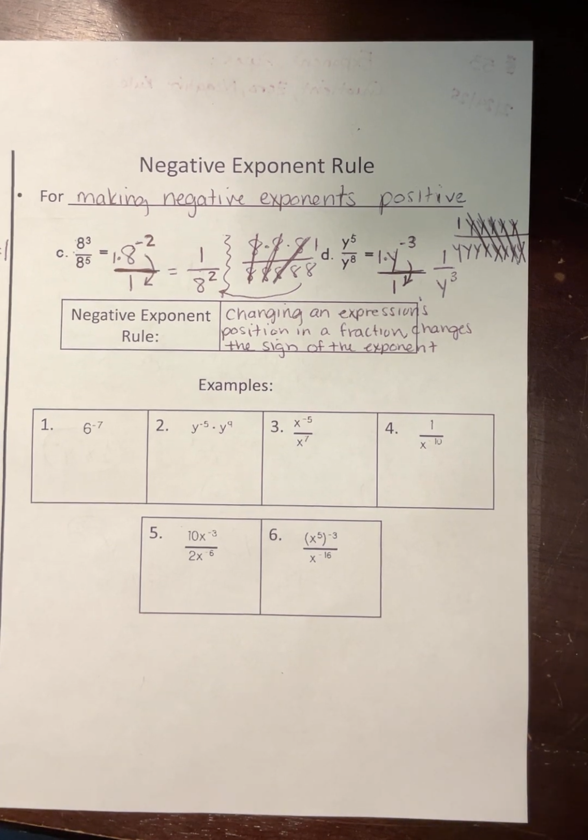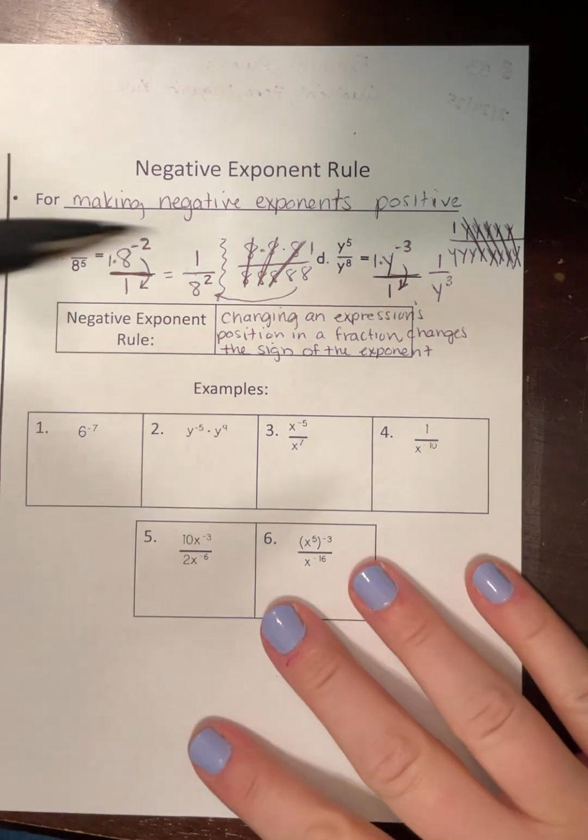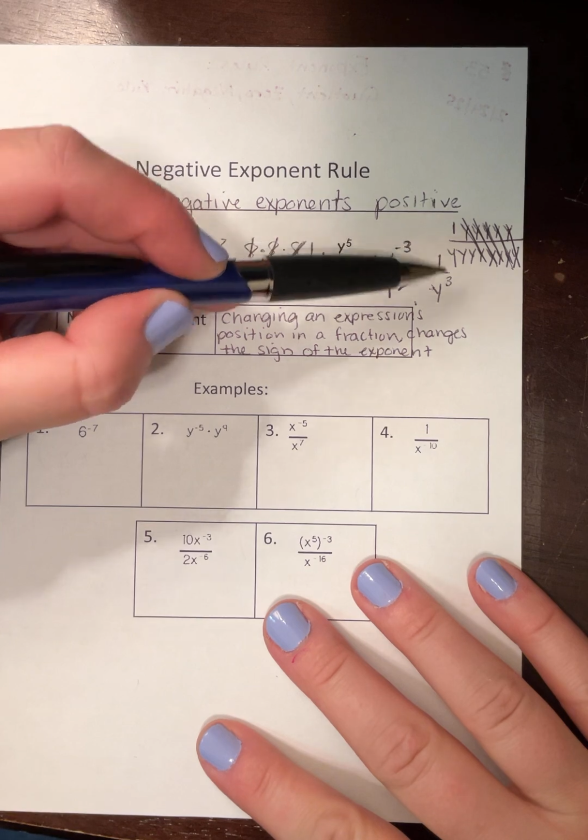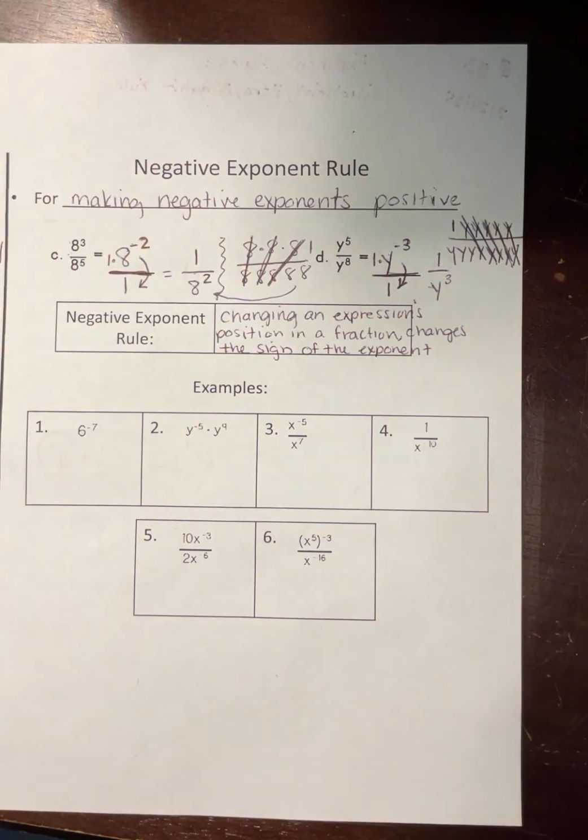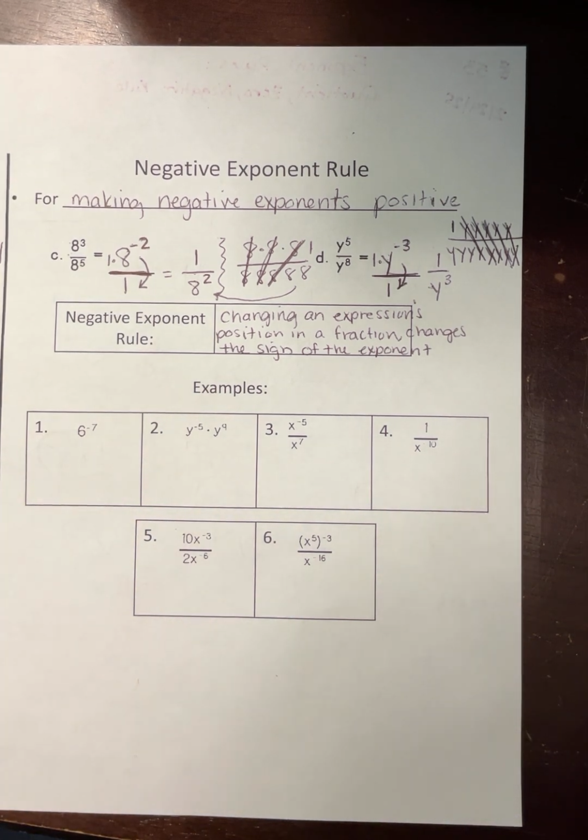Probably should have wrote on the exponent. Okay? Because it works too. Like if I would move this up, it would also change the positive to a negative. So it works on, you could change positive exponents to negatives the same way. Okay? Just crossing that fraction bar changes the sign on that exponent.